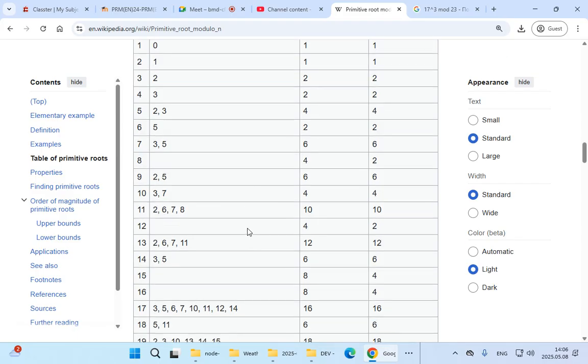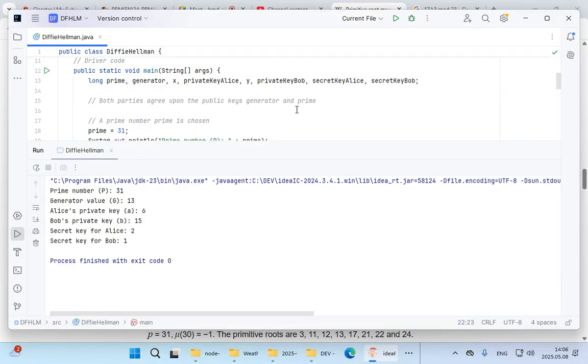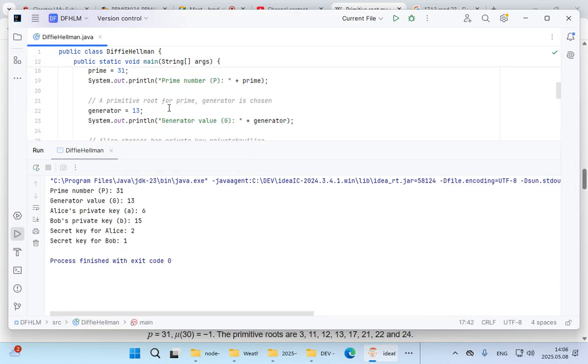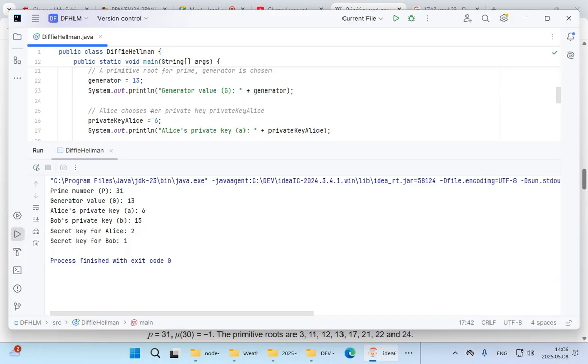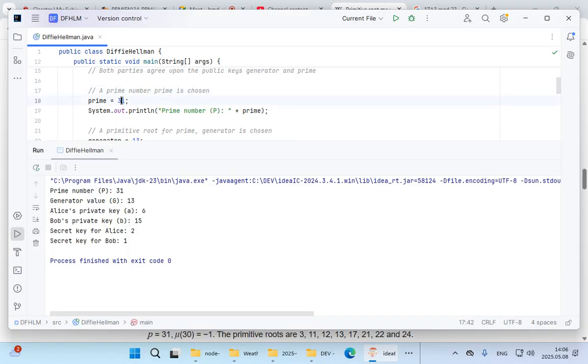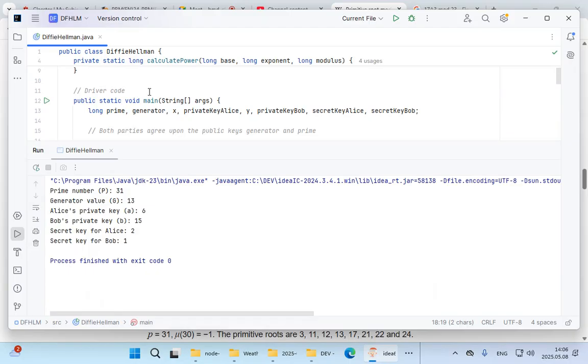Yes, maybe both parties agree on the public key generator and prime, so a prime number is chosen and the generator. And here 6 and 15. It could be any numbers here, but here we have something very interesting. Should be the same. Yes, so it's like 2 and 1. But okay, if I change it by places.